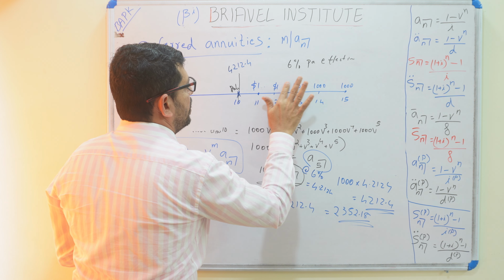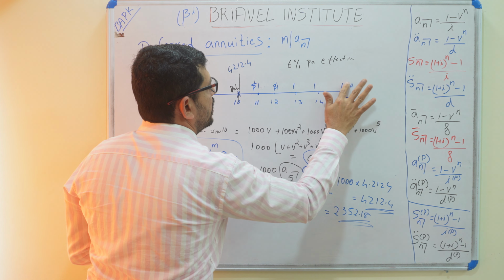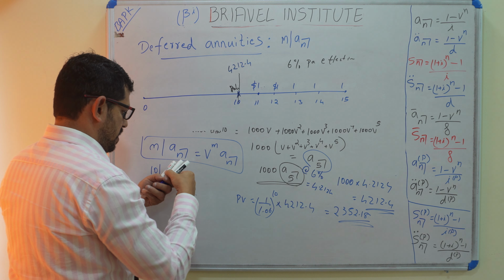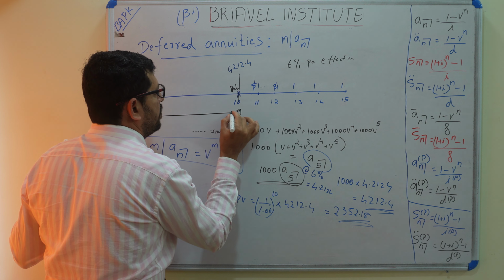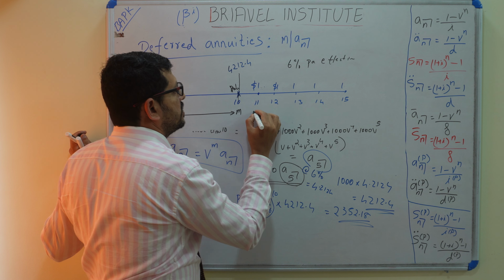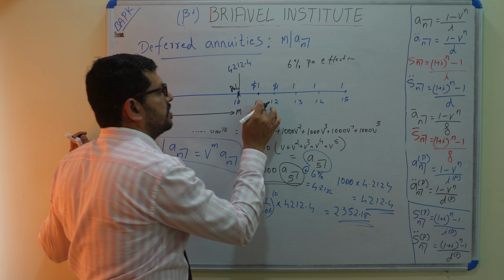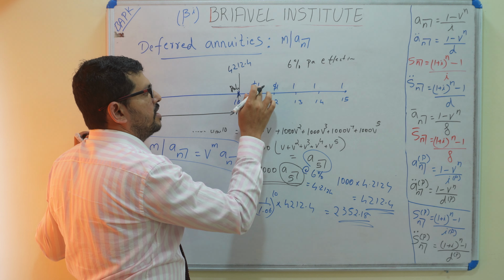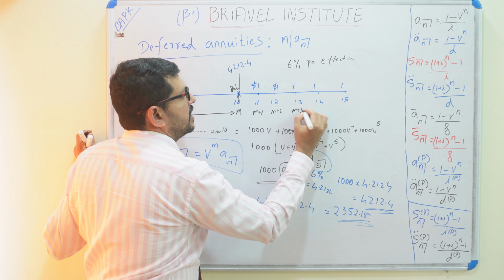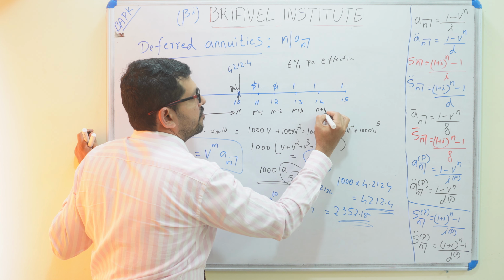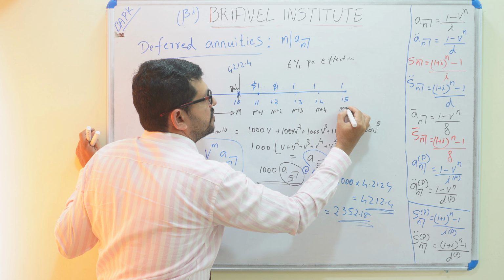$1. Assume that it is $1 for payment. It is m years from here. So this one we write as m plus 1 year, the 11th year. The 12th year is m plus 2, m plus 3, m plus 4 and m plus 5.